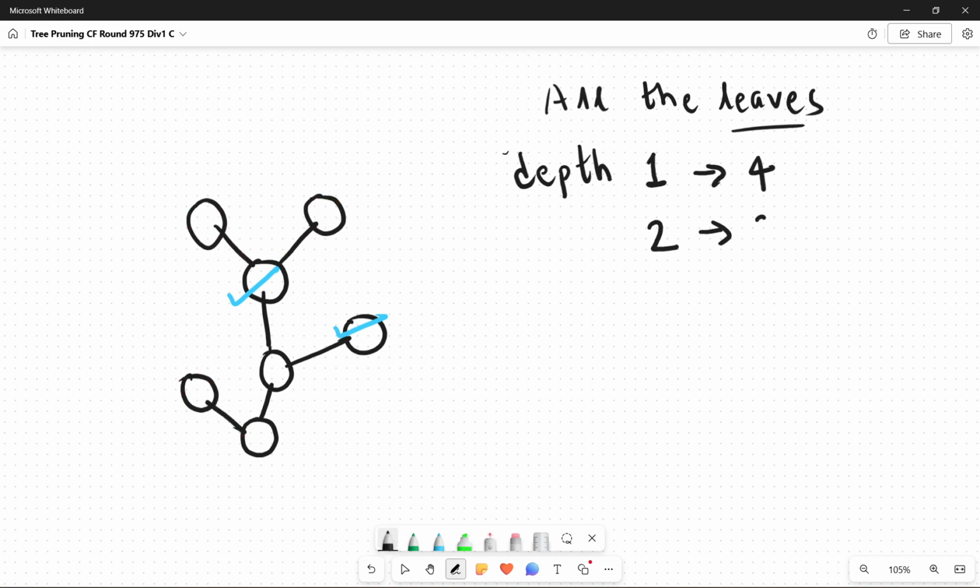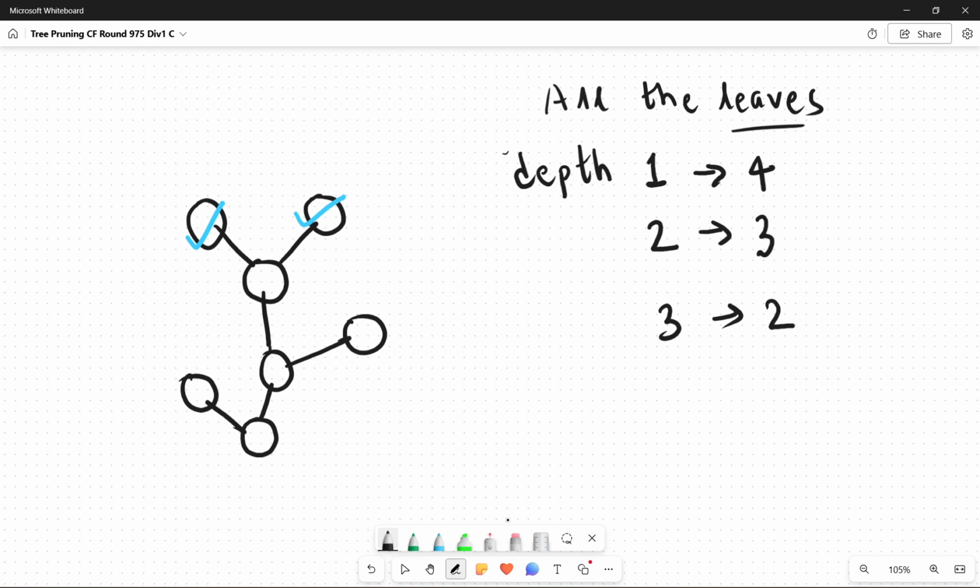So for 2 you have to perform 3 operations. What about depth equal to 3? For depth equal to 3, you will keep this node and this node. So you have to remove this vertex and edge and this vertex and edge. So for 3, your answer is going to be 2.